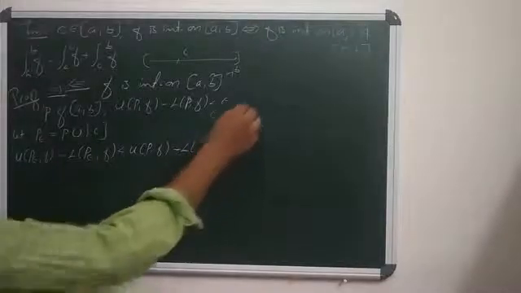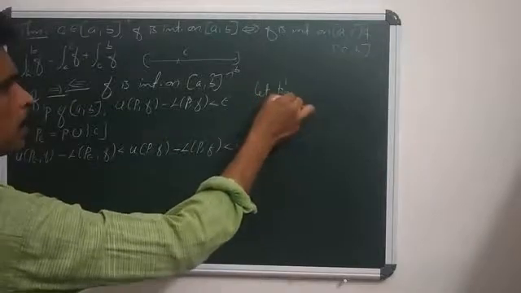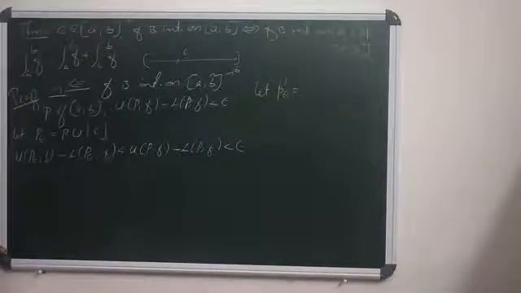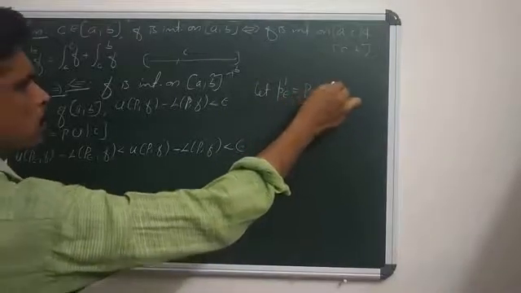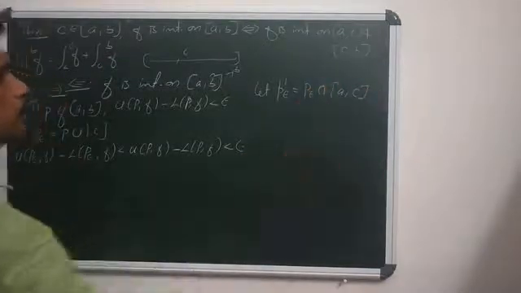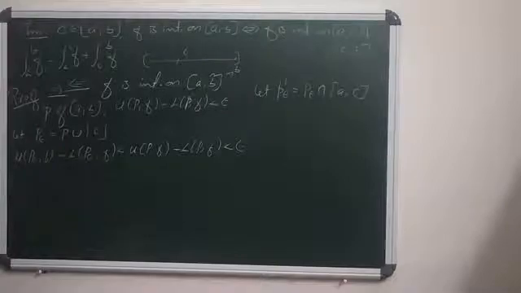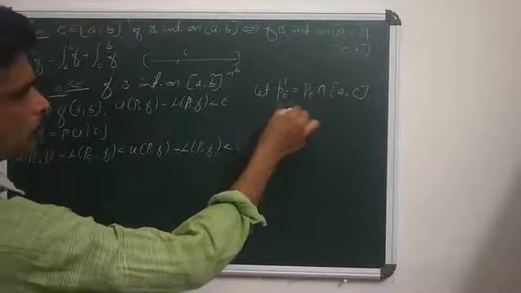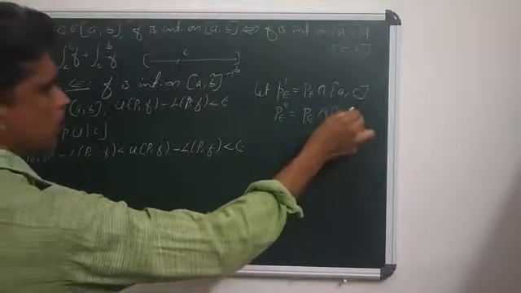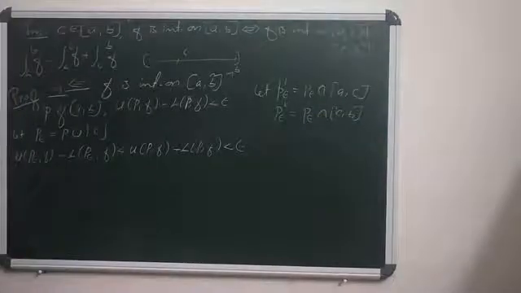Now you can construct another one: P epsilon dash equals P epsilon intersection the closed interval [a,c], and P epsilon double dash equals P epsilon intersection the closed interval [c,b].